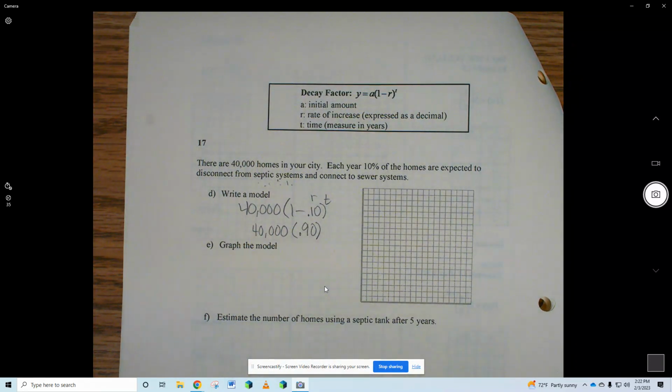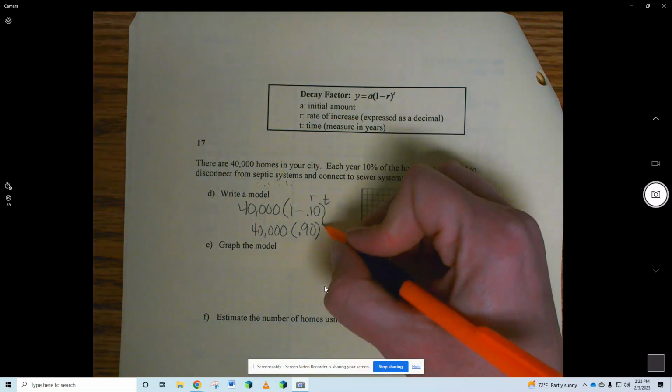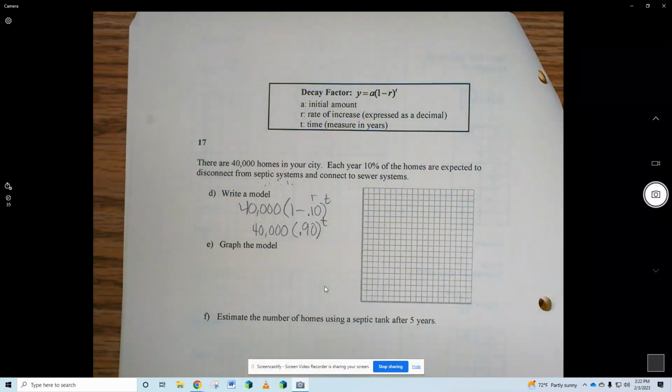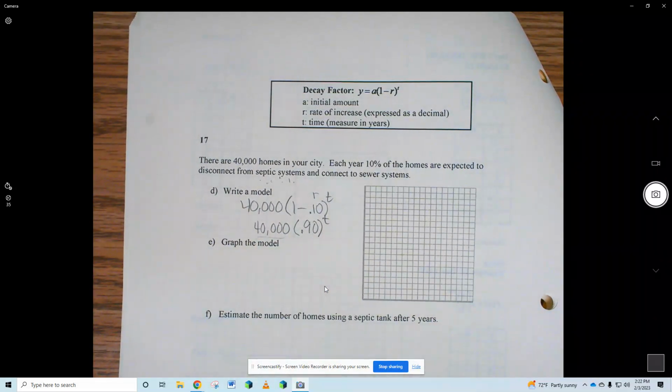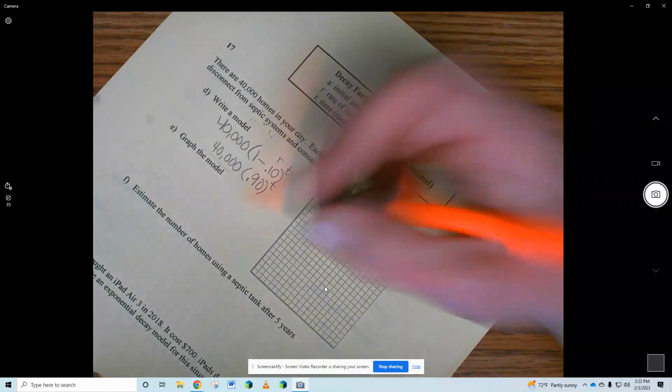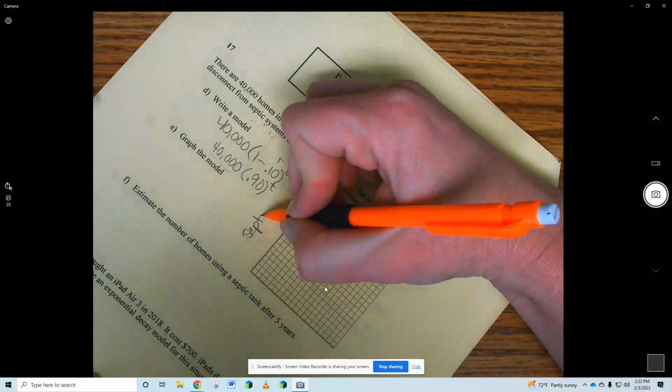So what's going to happen is a graph would be something. So I would start. Obviously, this is my y-intercept, guys, 40,000. You need to figure out how you're going to scale your drawing. I'll just tell you because I'm going to be teaching right up to the bell.